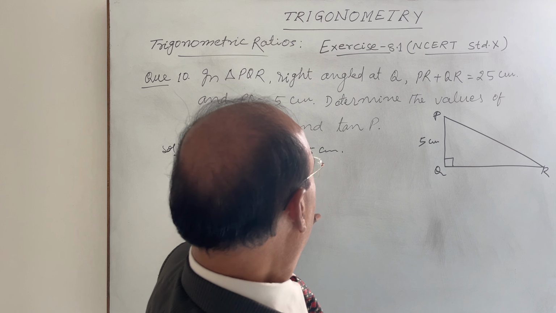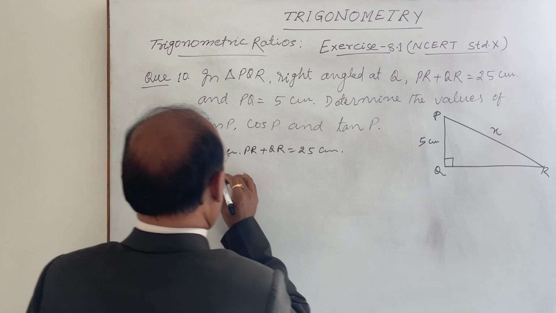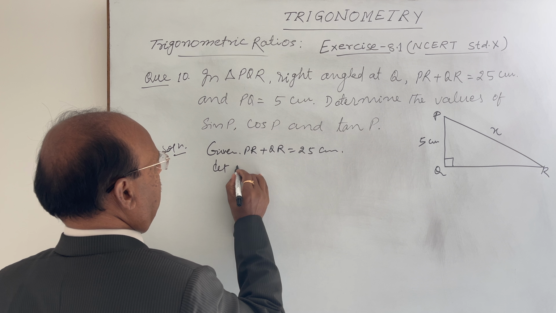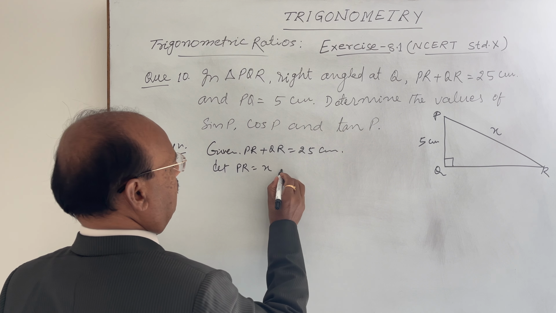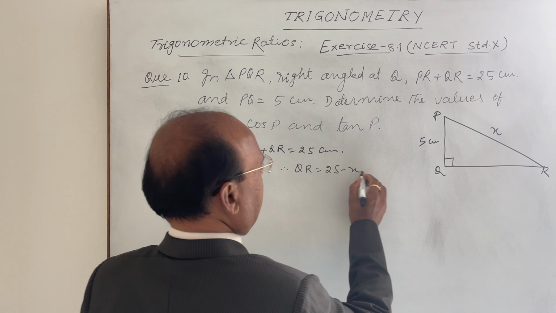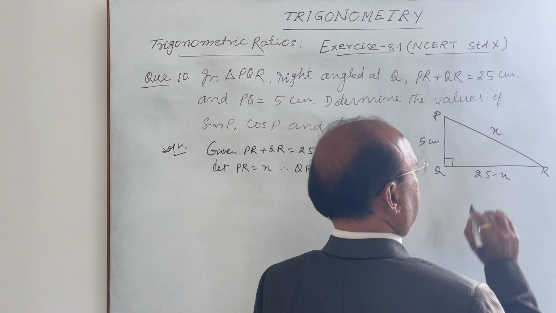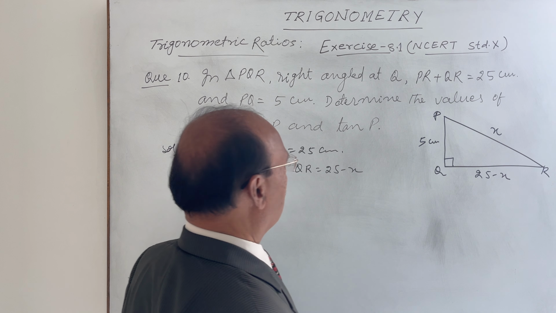So let PR be X, therefore QR is 25 minus X centimeter.